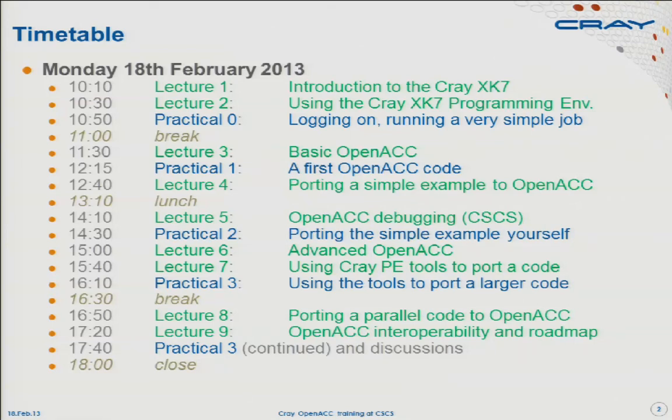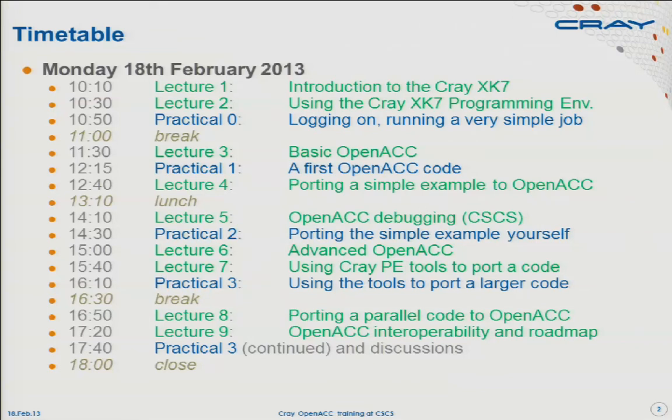So already we're going a little bit slower than I anticipated. Basically, what we have now is the first practical. I'm not really a C programmer, but I call it Practical 0 and start at 0 because it's not really OpenACC, it's the very basics. The idea of this first practical is basically just to check your account works. So if you don't want to do it, that's fine.